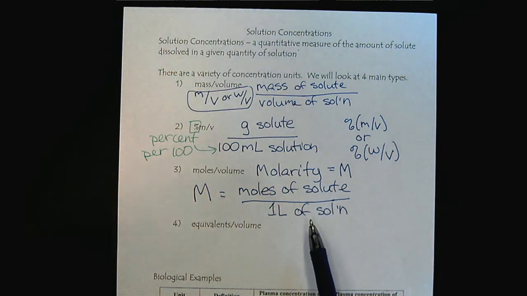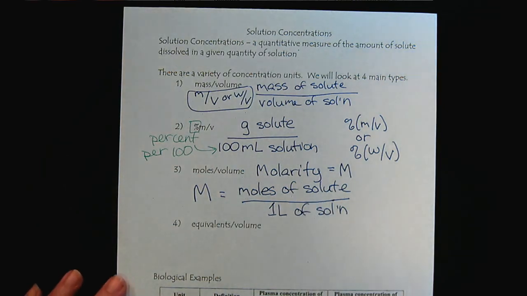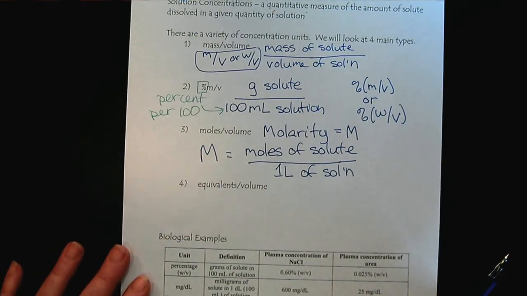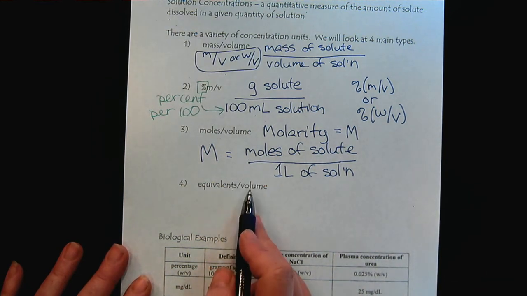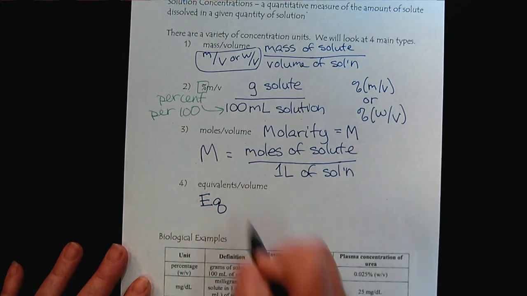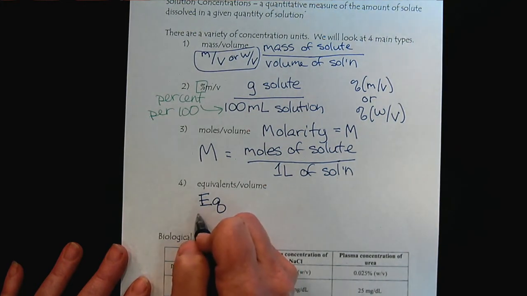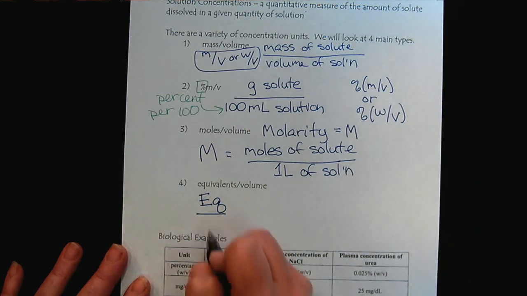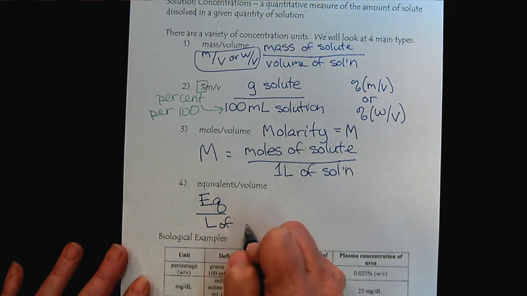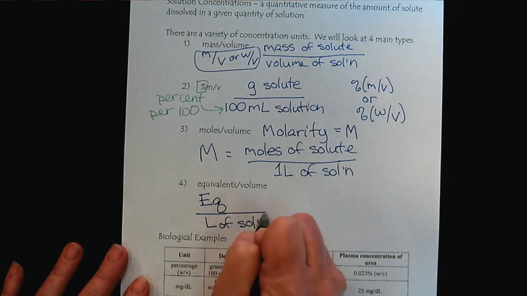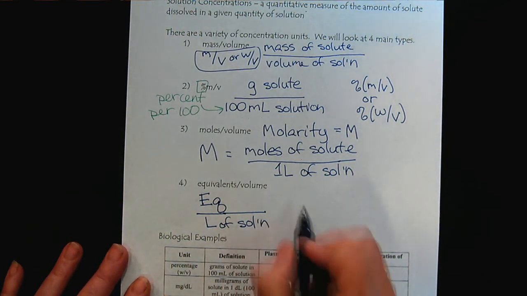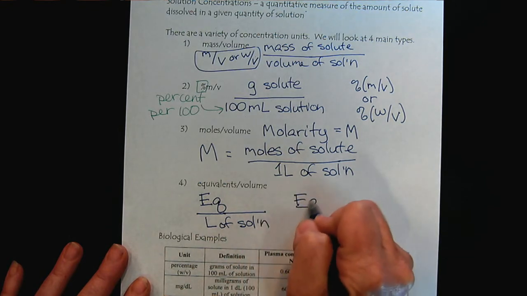And then the fourth type of concentration unit that's common in allied health and biological contexts is equivalence per volume. Equivalence is usually an uppercase EQ. And then it could be any volume, but we'll just go with liters of solution. So what's the deal with equivalence?